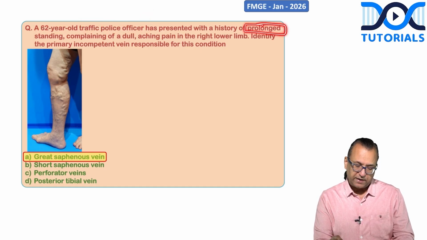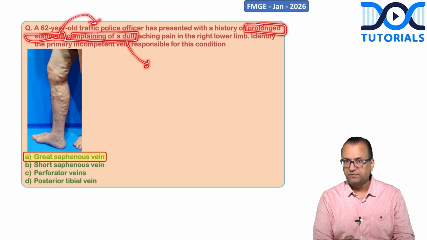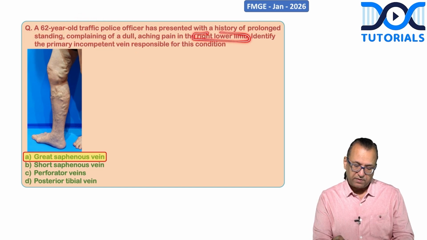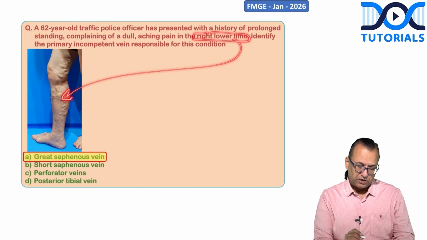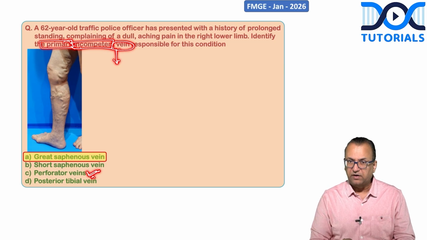So prolonged standing, obviously it's a traffic officer, so they need to stand for long, they should be using their soleus often, the peripheral heart, to push the blood towards the heart from the calf region and right lower limb. As you see, it is asking for the primary incompetent vein. Sometimes you may be confused that maybe the answer is the perforator vein, but no.